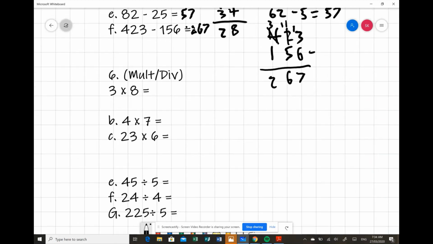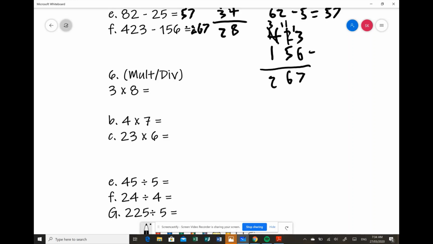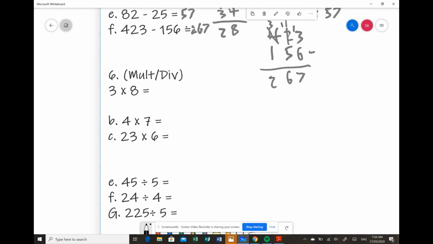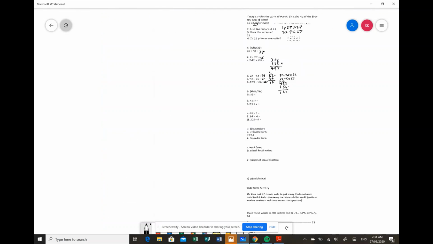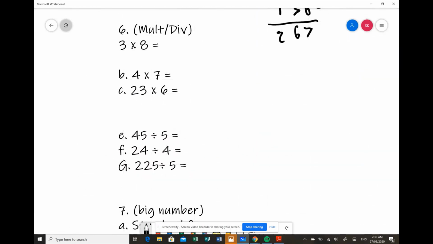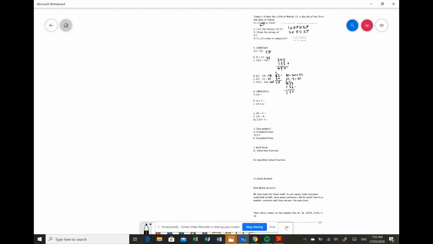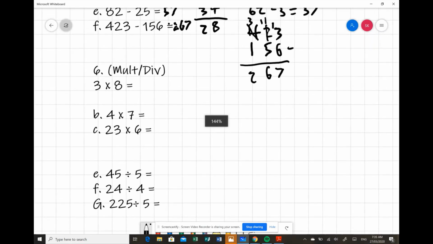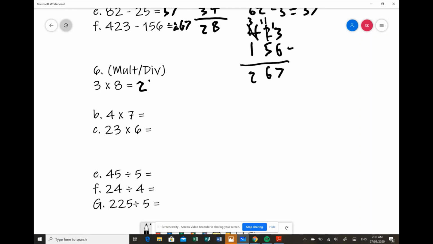On to mult div. 3 times 8 is always going to get us to 24.